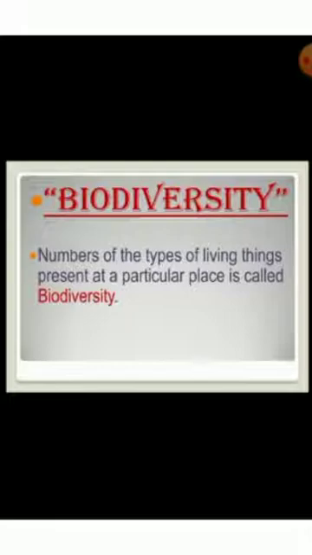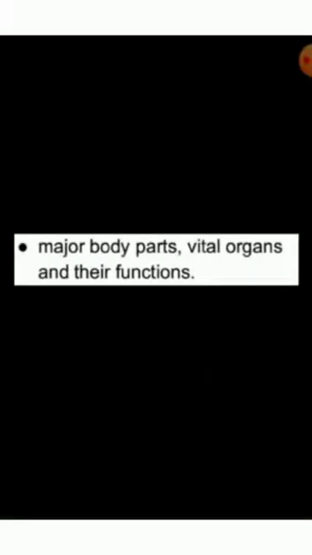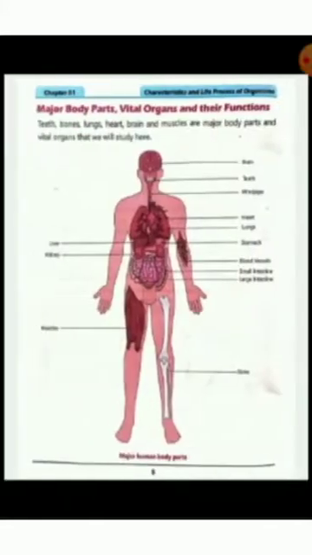Now we have to come and discuss the main topic of this chapter. These are the vital and main body parts of human beings and their functions, right? This picture shows the internal body parts of human beings.